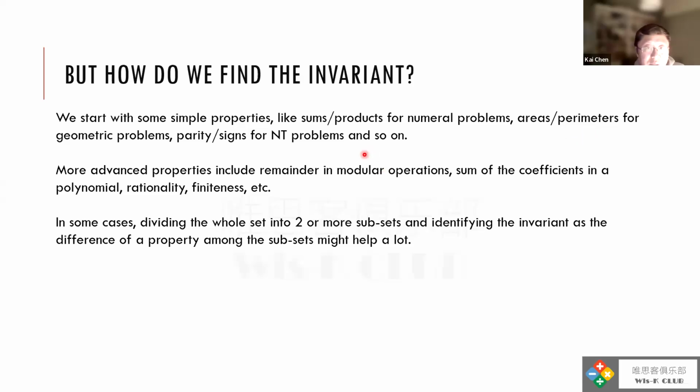But more advanced, you can also focus on some modular operations. For example, the remainders are not changing. Yeah, we use also for some games as well, and also some coefficients for the polynomial, the rationality. For example, if you plus, minus, or multiply a fraction, you always give a fraction because the rationality keeps. It's also a rational number.